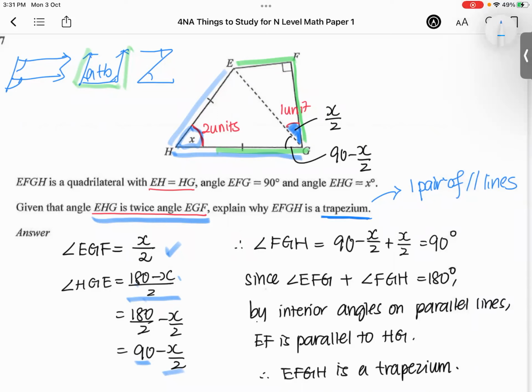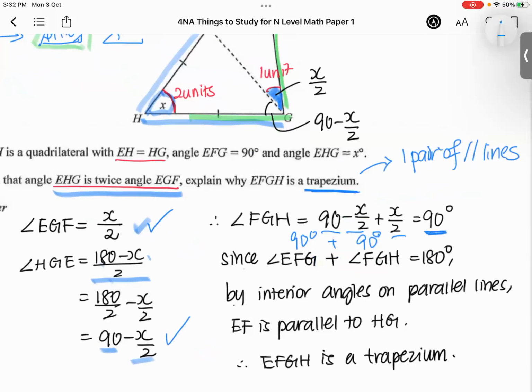Angle FGH will be 90 minus x over 2, which is this portion over here, plus x over 2, which is this portion over here. This angle is 90 degrees. And I know EFG, given to me, is also 90 degrees. So 90 plus 90, the two of them give me 180.